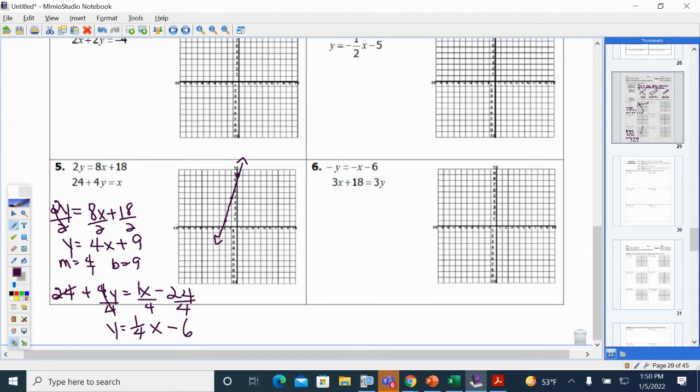So for the second equation, we've got a slope of 1/4 and a y-intercept of -6. So I'm going to start on the y-axis at -6, and I'm going to rise 1 and run 4. So up 1, right 4, or down 1, left 4.